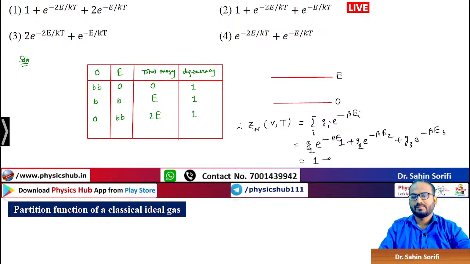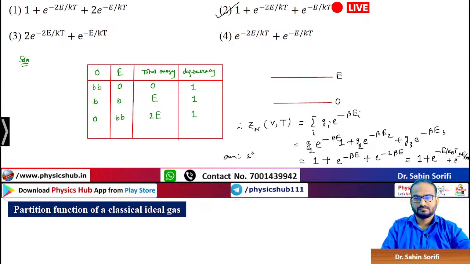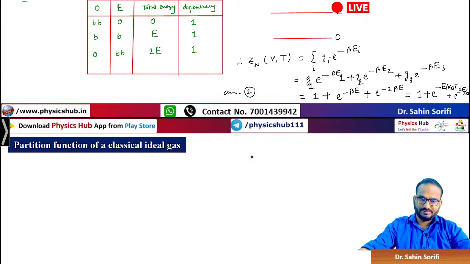So, 1 plus e to the power minus beta E plus e to the power minus 2 beta E. So, it is matching with 1 plus e to the power minus E upon kT plus e to the power minus twice E upon kT, which is matching with option 2. Yes, option 2.